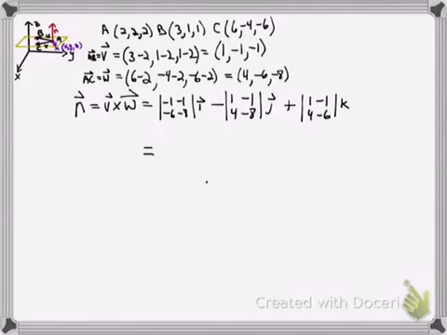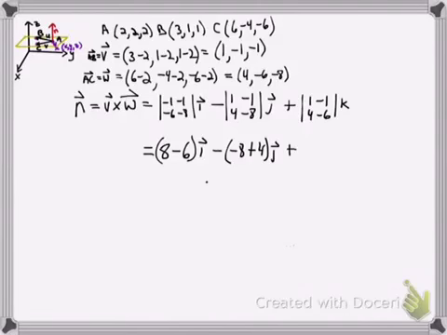Okay, and then find the determinants of those. And so I'm doing 8 minus 6, and that's our I. And then minus negative 8 minus negative 4, so negative 8 plus 4.